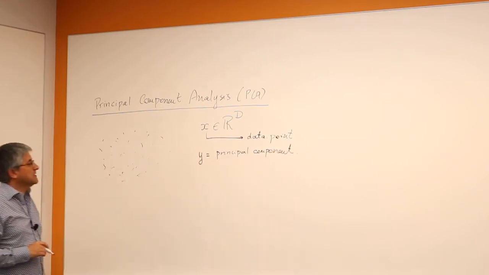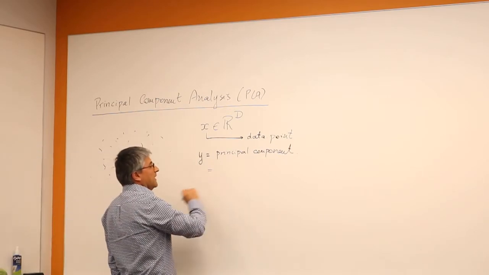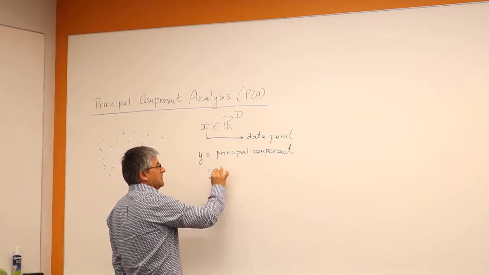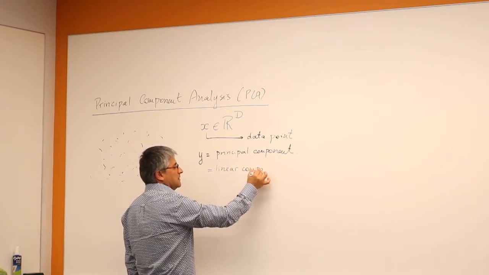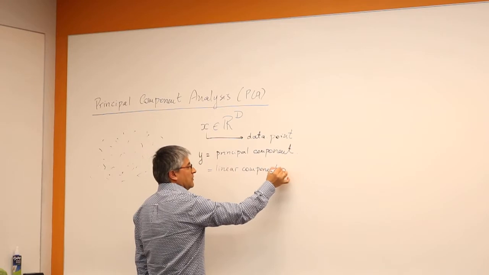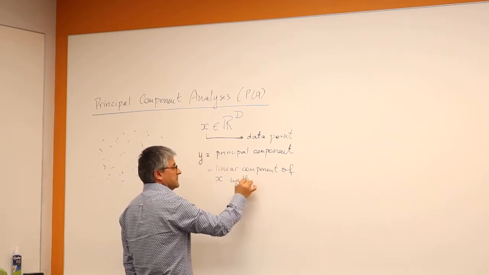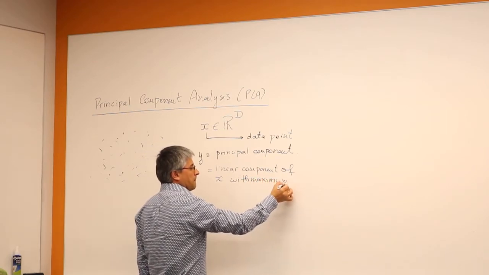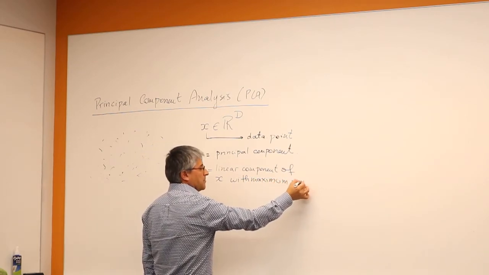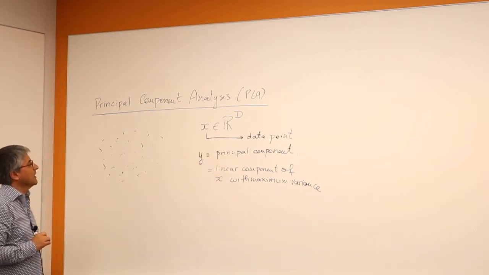And the exact definition in words is going to be a linear component of x with maximum variance. Okay, so that's in words.